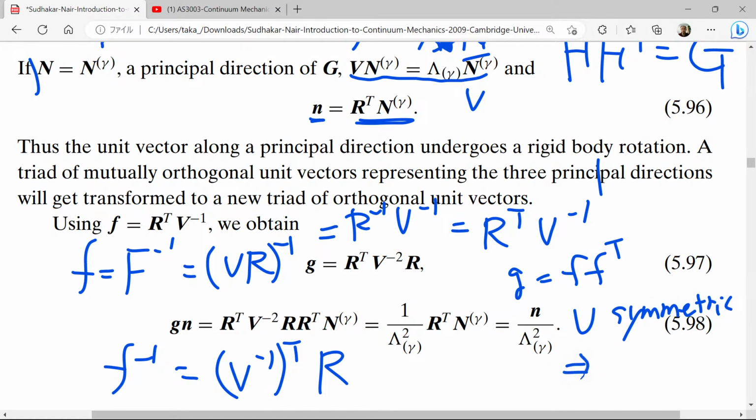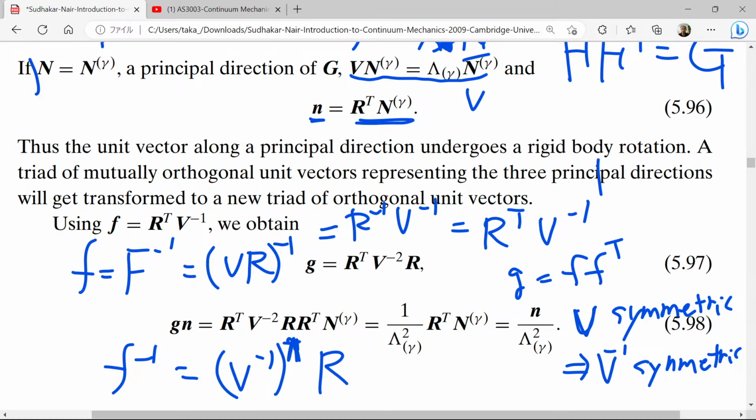So then that means V inverse is also symmetric. So you don't need transpose anymore.